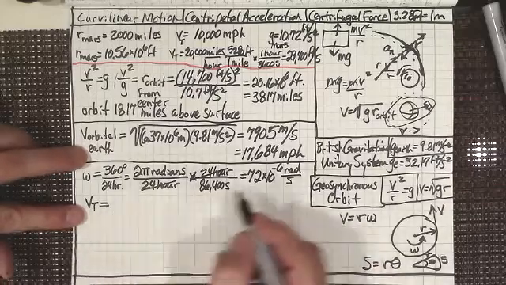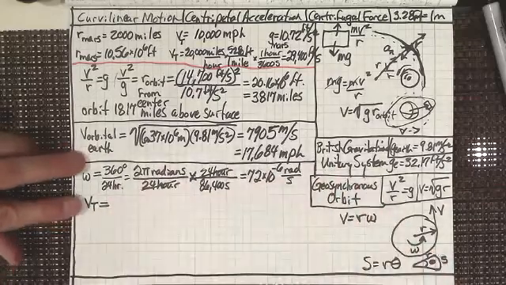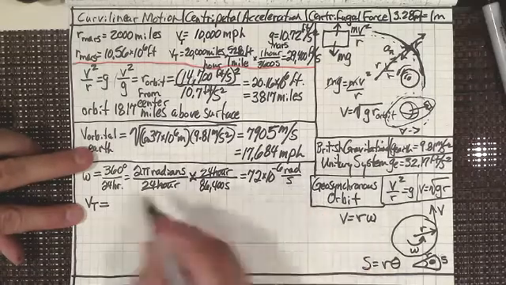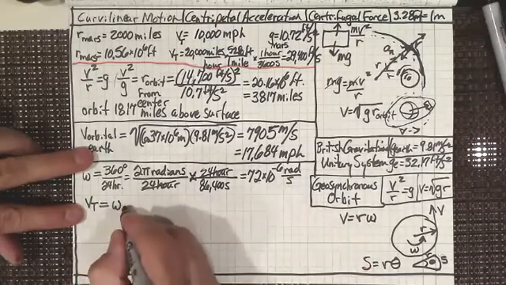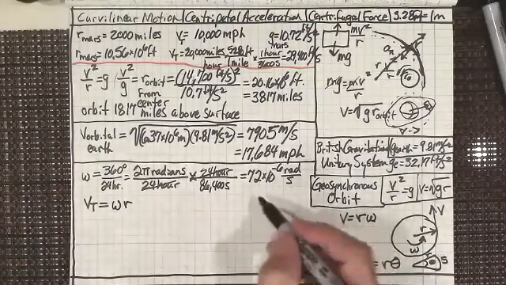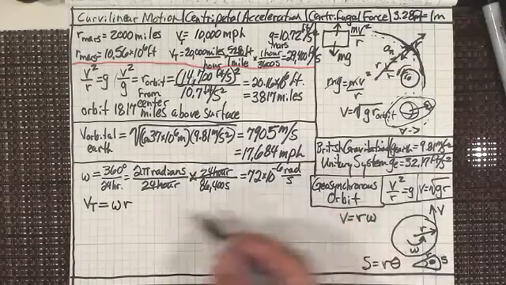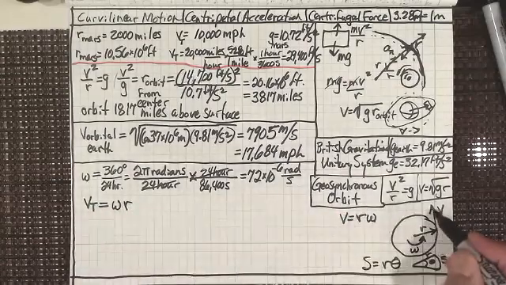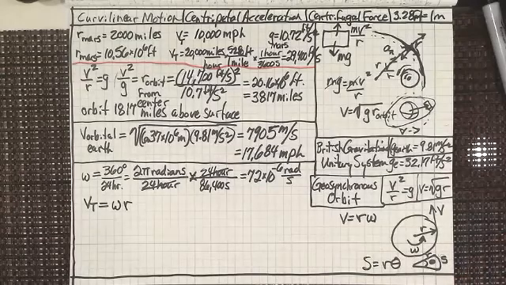Because if it's going to stay in geosynchronous orbit all the way around, it's got to be traveling as fast as this. So that's going to be omega times r. That's going to be my velocity that I've got out there.